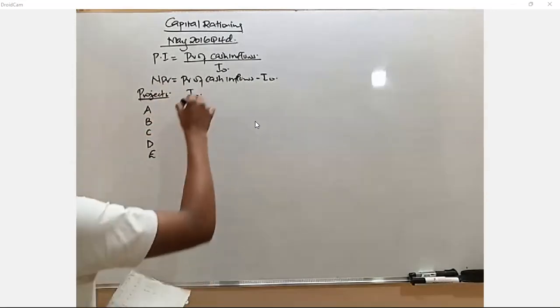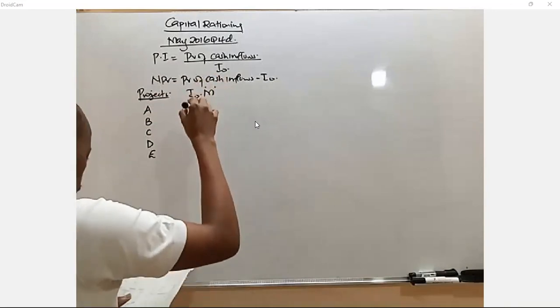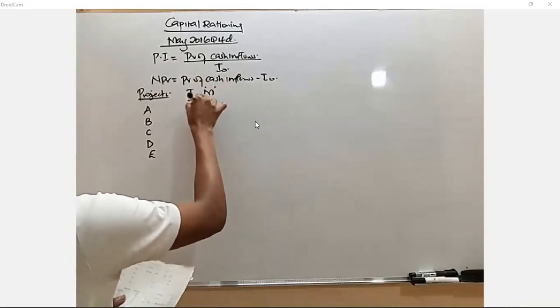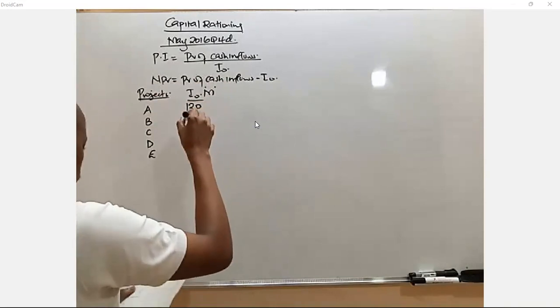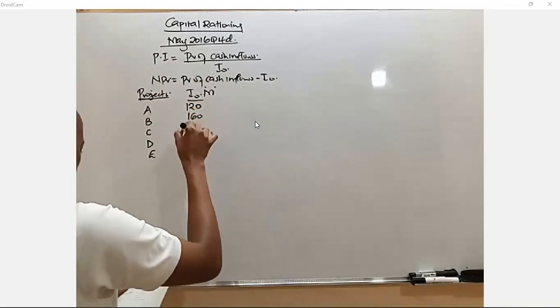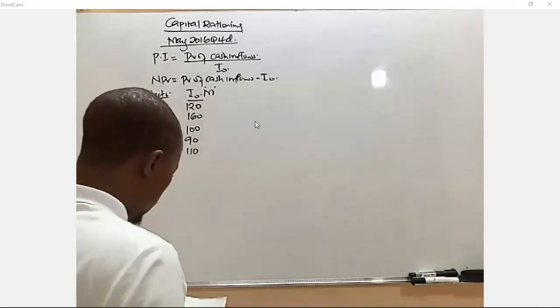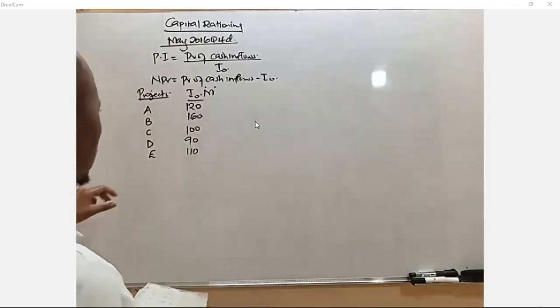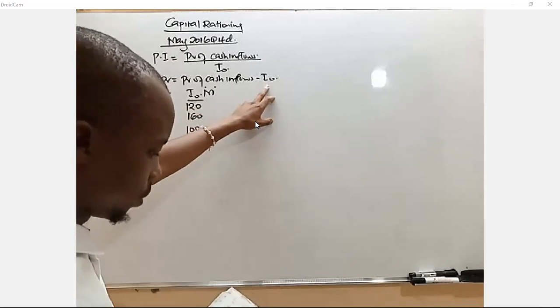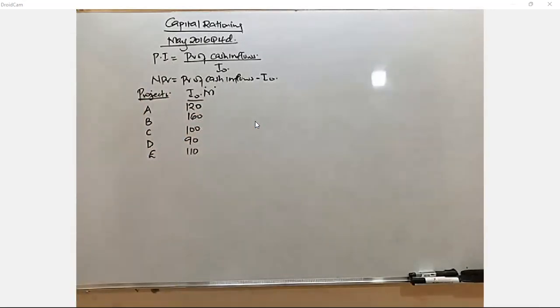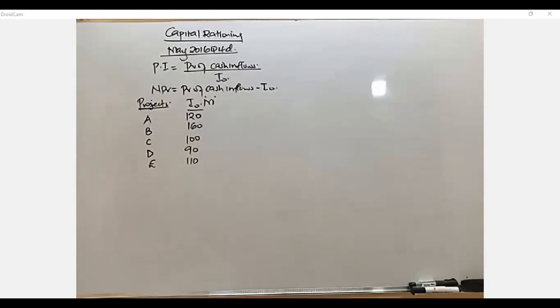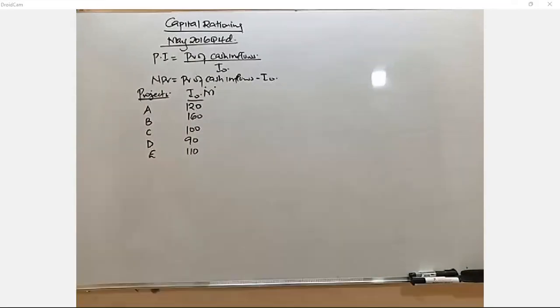The cost here, let us limit to millions of shillings: 120, 160, 100, 90 and 110. The examiner has provided us with the NPVs, and you have the initial outlay.